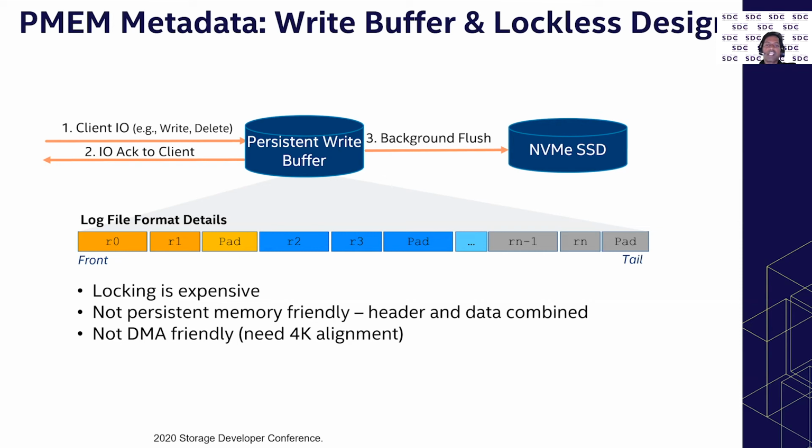So we have to tailor the data structure in such a way that we reduce the locking significantly or even avoid locking completely, where writes to the persistent buffer can happen in parallel, whereas the flushes can happen in the background without taking any locks. And then we can do effective DMA to the drive without allocating another set of buffers just to do the IO to the NVMe SSD.